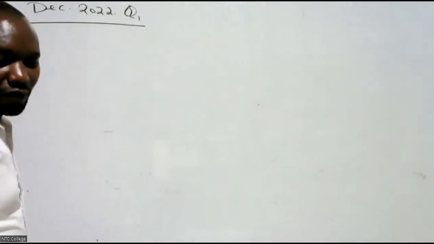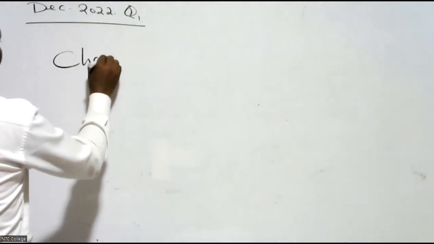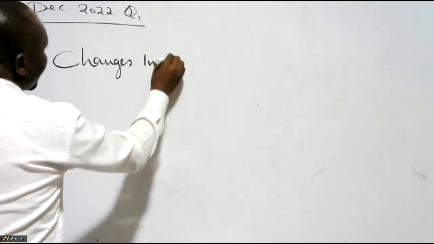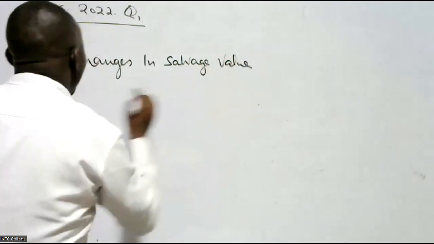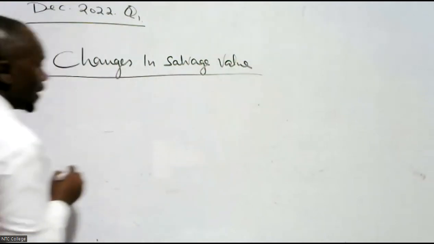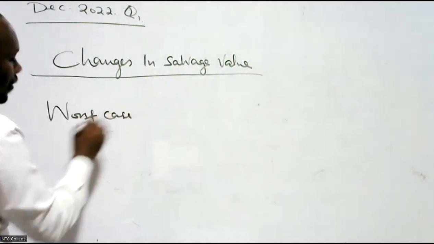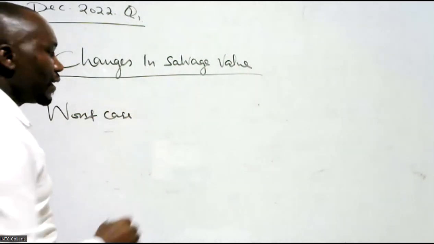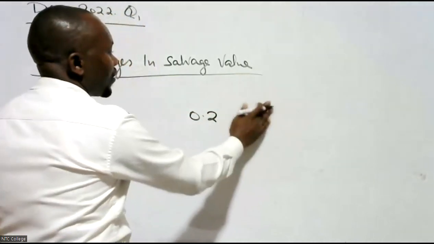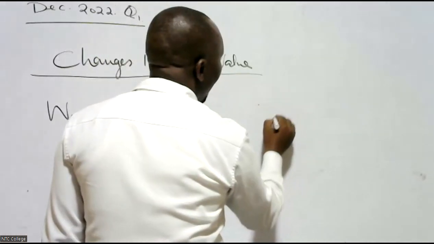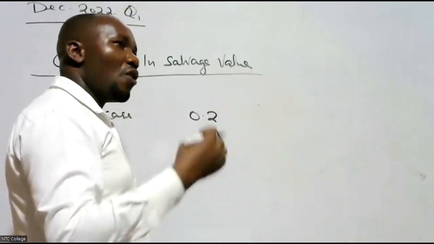So let's look at the scenarios. Changes in salvage value. We have different scenarios here. We have the worst case. The worst case has a probability of 0.2, but we are told that the salvage value will now change. We are going to lose 80%, meaning that what we are going to have is only 20%.